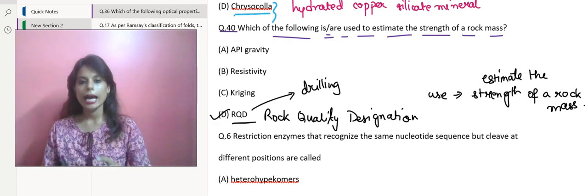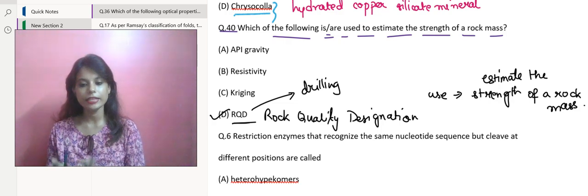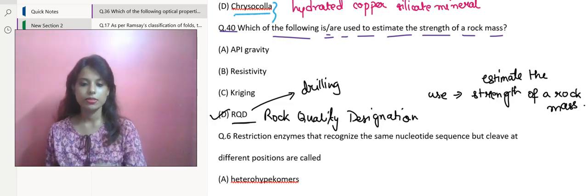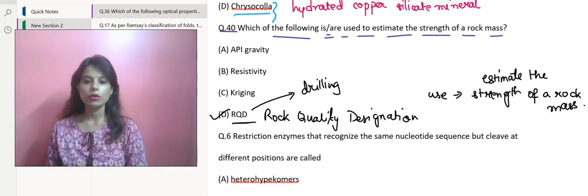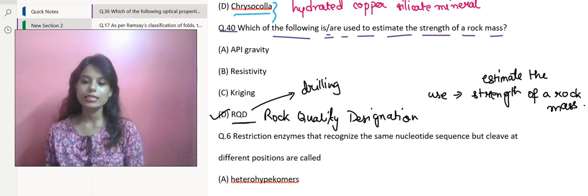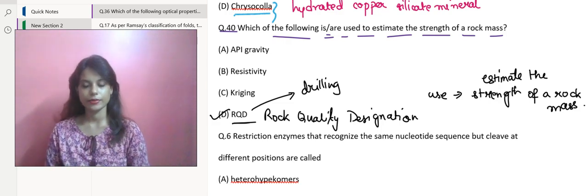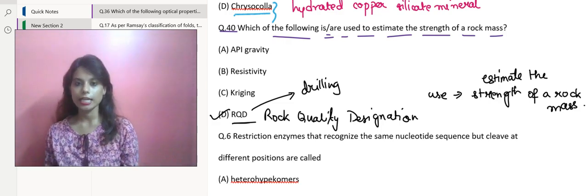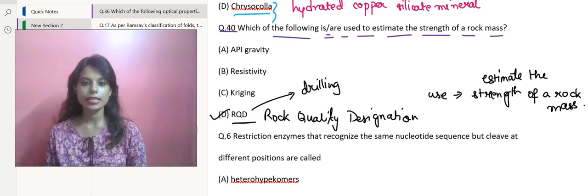Okay, a high RQD indicates that the rock is relatively intact and has fewer joints and fractures, while a low RQD indicates that the rock is heavily jointed and fractured and is therefore weaker. Okay, that's the difference between high RQD and low RQD. All right, so we have discussed the correct answer. Let's discuss the other options over here.